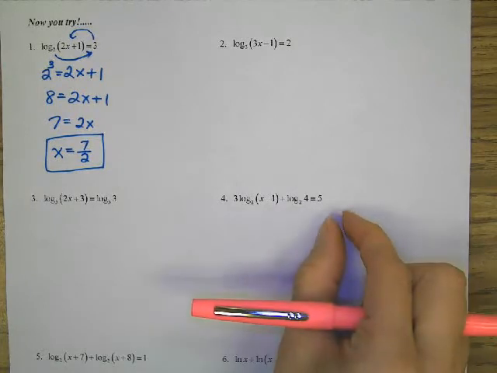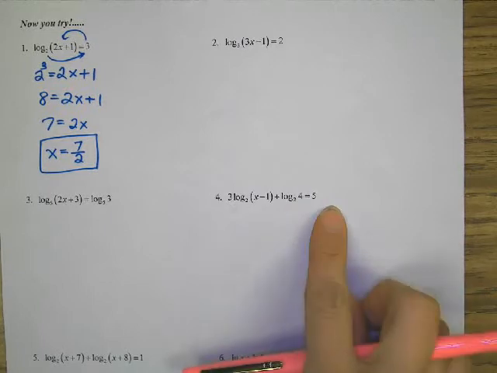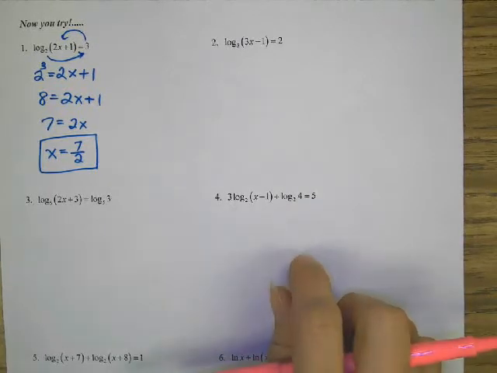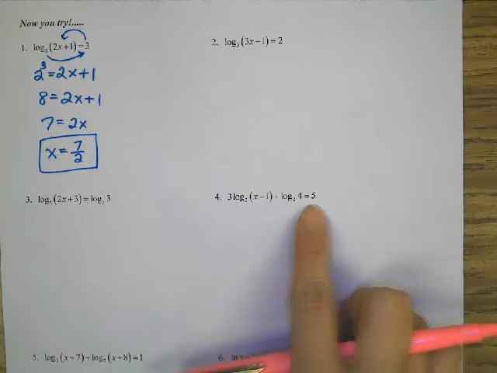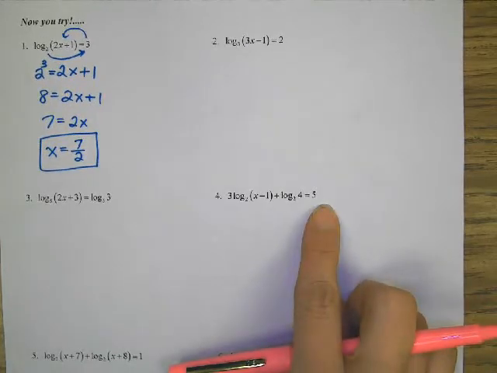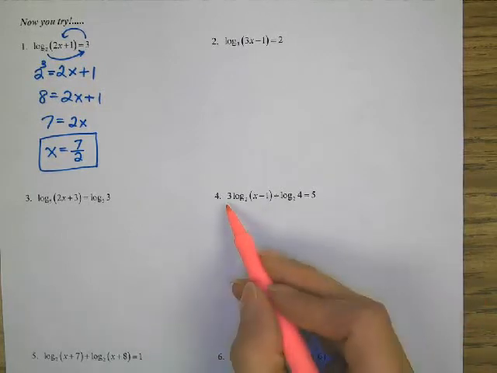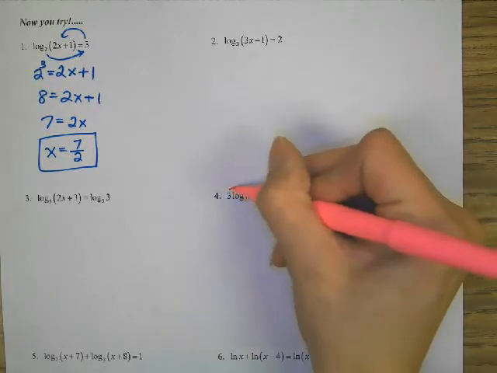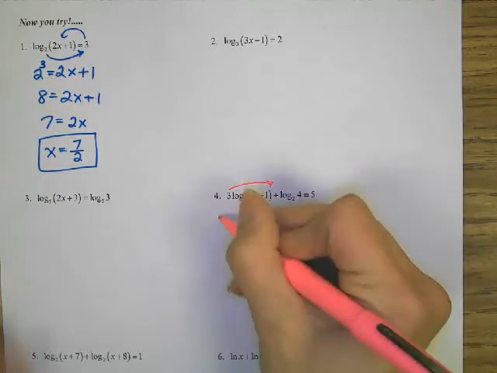So when you have 3 things, you're going to have to combine the logs, except there's this 3 in the way. So this 3 is going to go and be a power on this of. So now we have log base 2 of the quantity cubed, and I've got another log base 2 of 4.